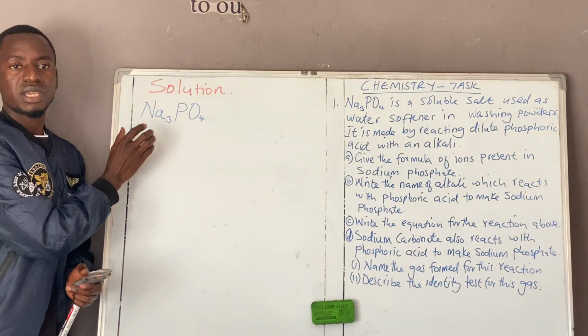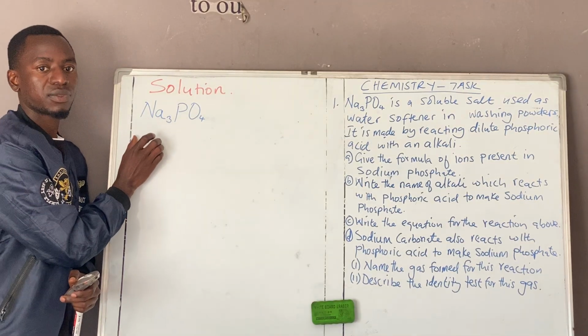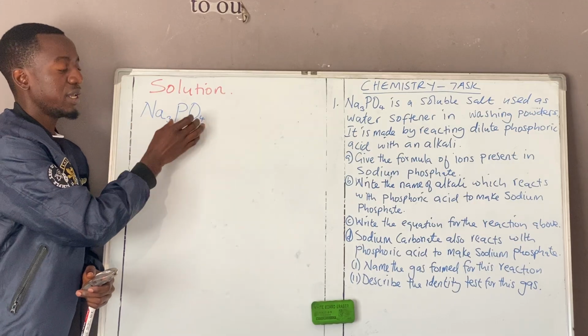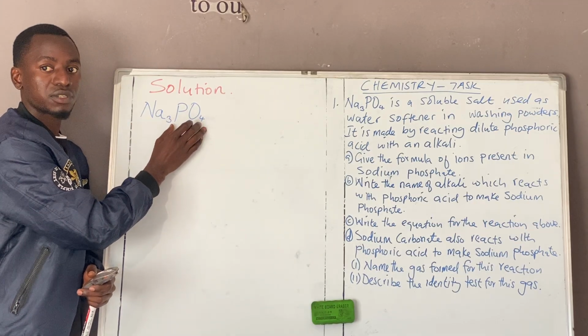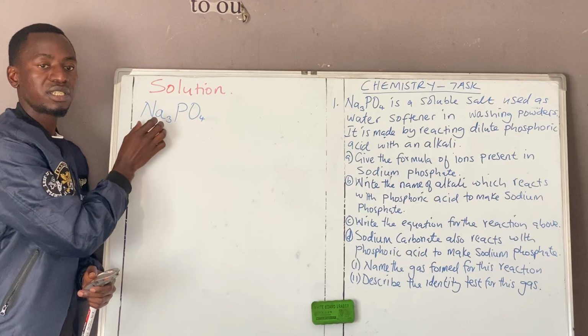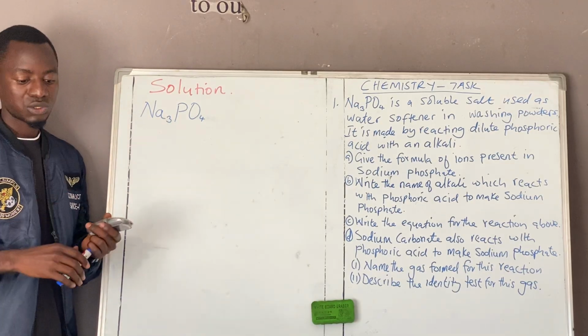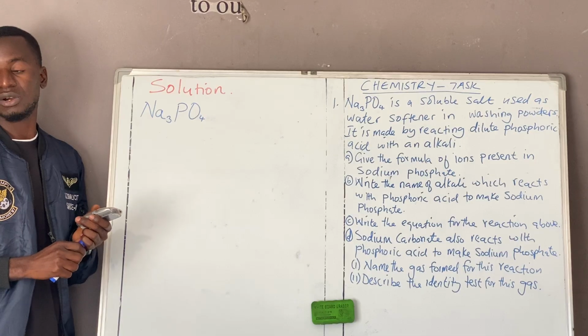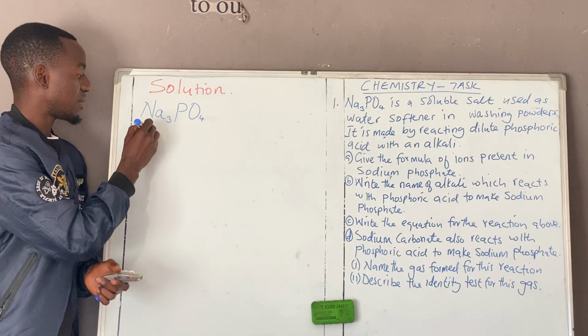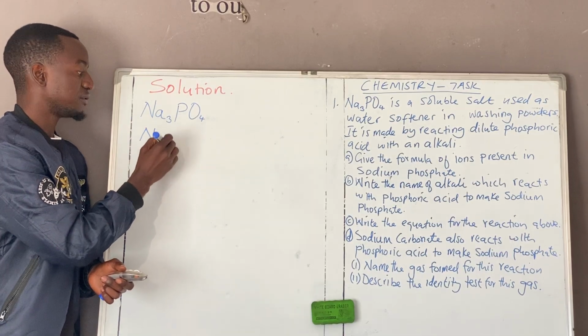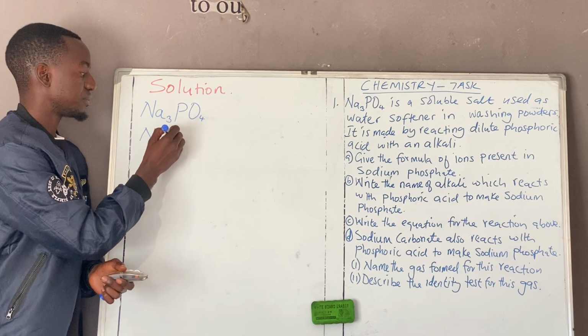The key here is to know the valence, the valence for sodium and the valence for phosphate. What is the valence for sodium? 1. So when you write it in ionic form, it will be sodium ion, with a positive charge.